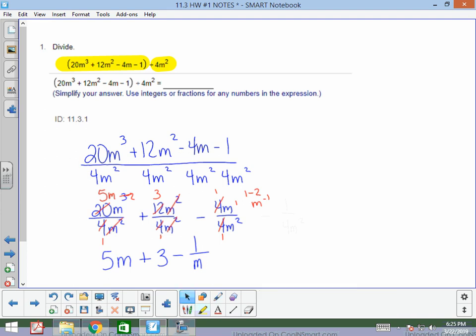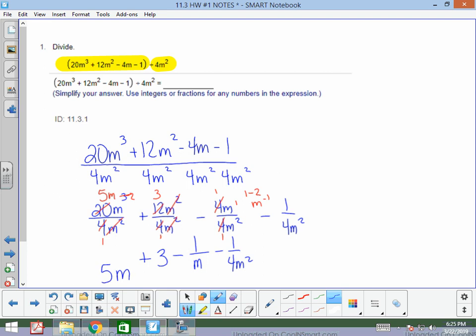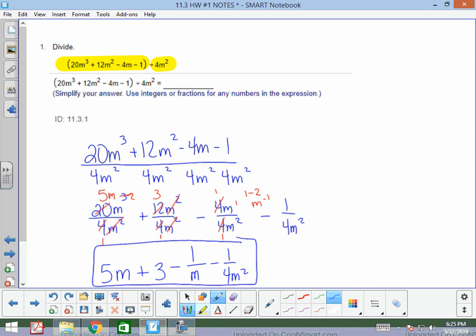And then the last term is minus 1 over 4m squared. That doesn't reduce anymore. That's just going to stay minus 1 over 4m squared. So the answer is 5m plus 3 minus 1 over m minus 1 over 4m squared. Okay, and that's the answer that's going to go in the blank.